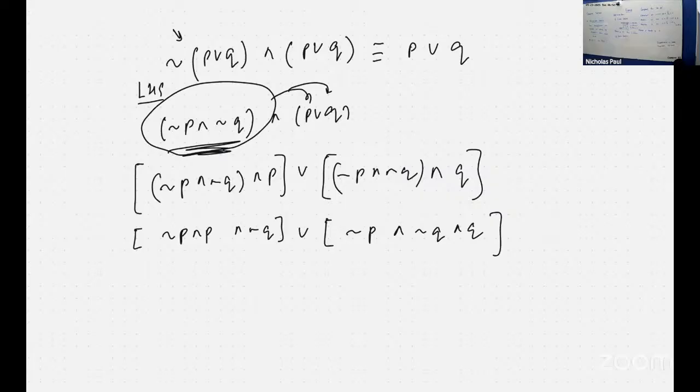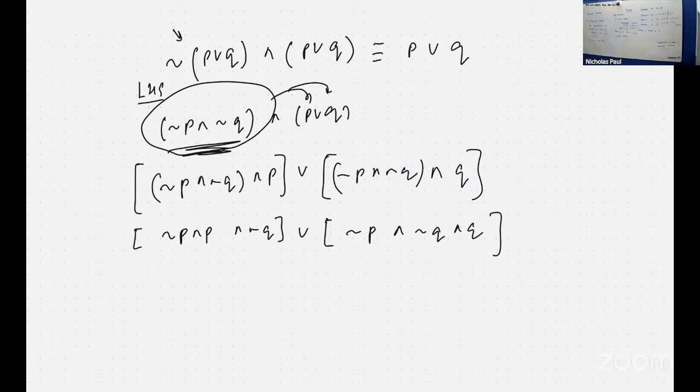Check back your laws, but the negation of P and P, that should be false. So the negation of P and P will be false, and the negation of Q.